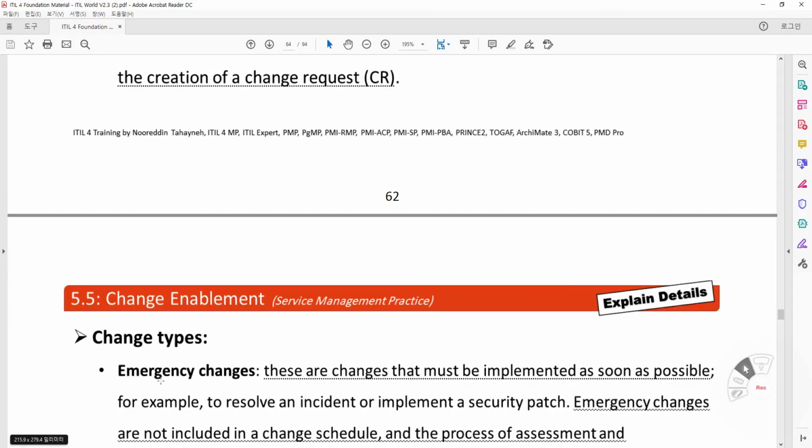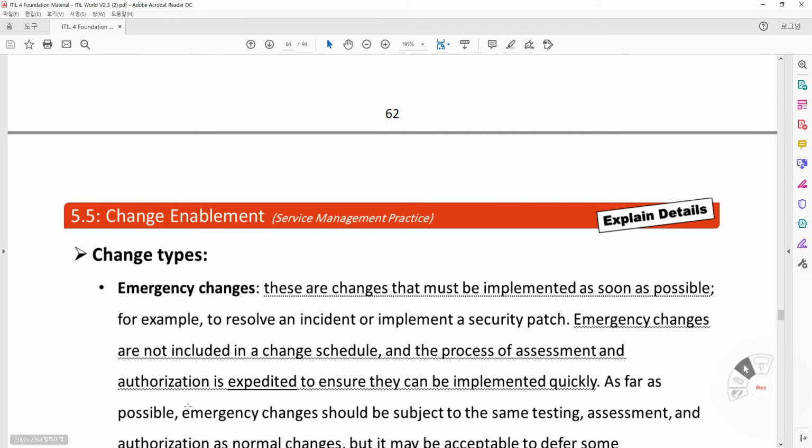Change types: emergency changes. These are changes that must be implemented as soon as possible, for example, to resolve an incident or implement a security patch. Emergency changes are not included in the change schedule, and the process of assessment and authorization is expedited to ensure they can be implemented quickly as far as possible.